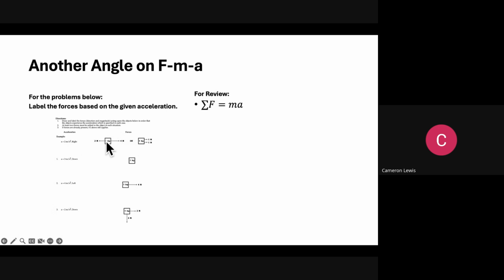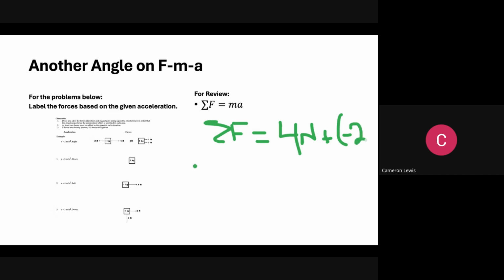But when we take the sum of those forces, it is 4 newtons plus -2 newtons.